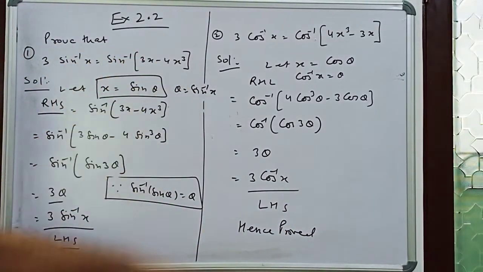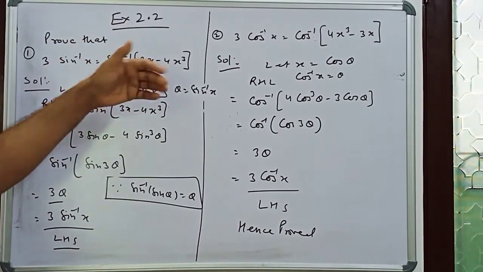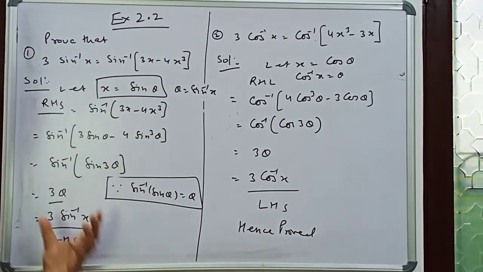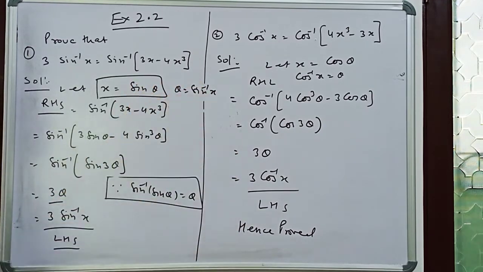Actually these are two identities in the inverse trigonometrical functions, but these are given as sums in exercise 2.2. So in exercise 2.2 this is sum number 1 and this is sum number 2. With the help of this method we can prove any identity related to inverse trigonometrical functions.